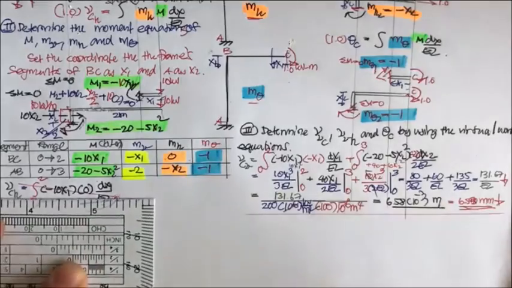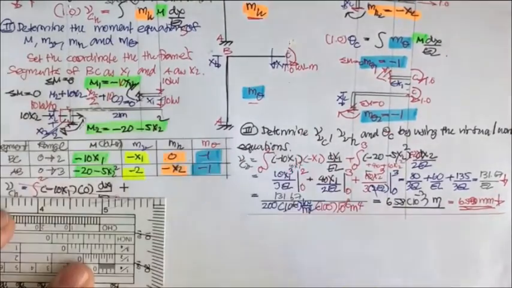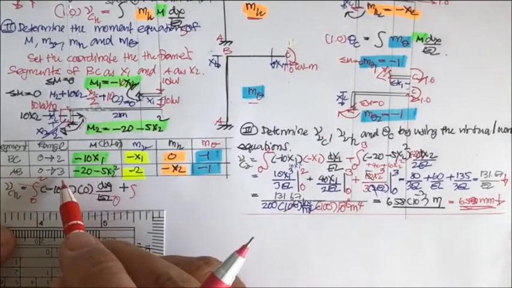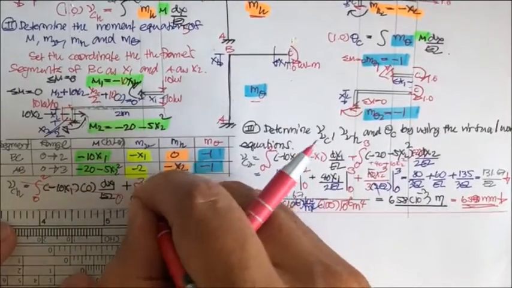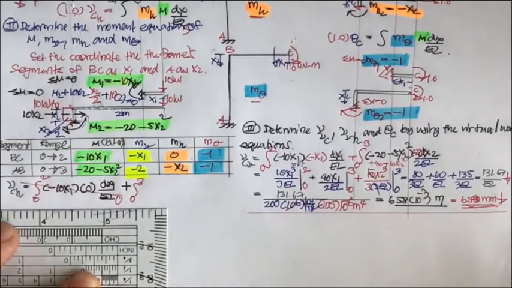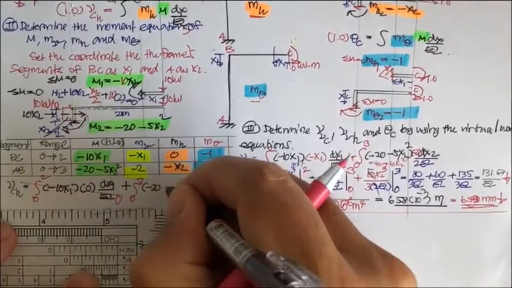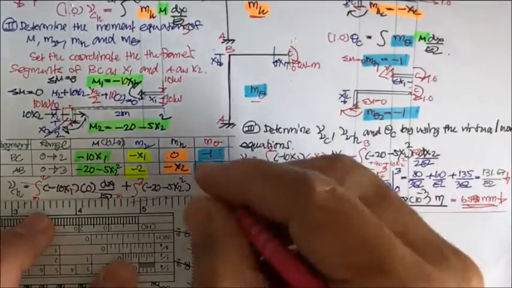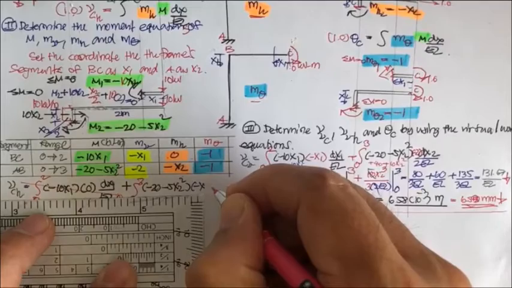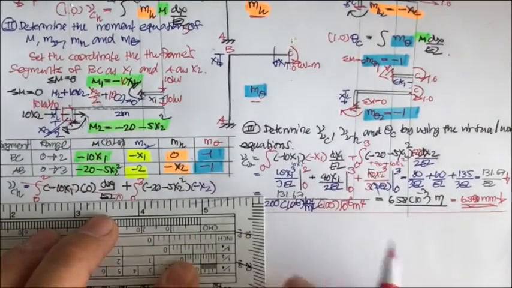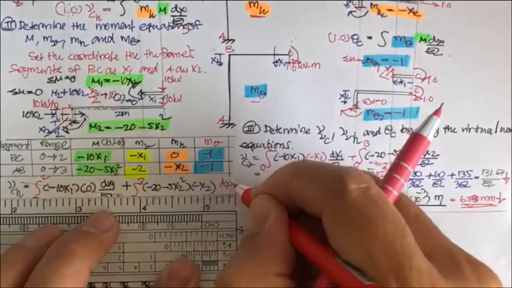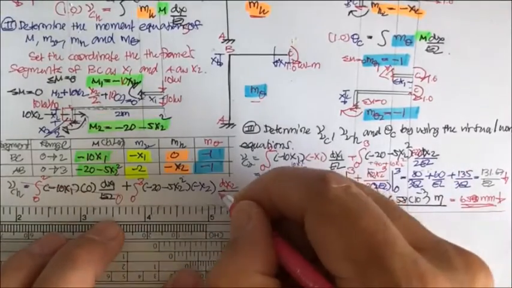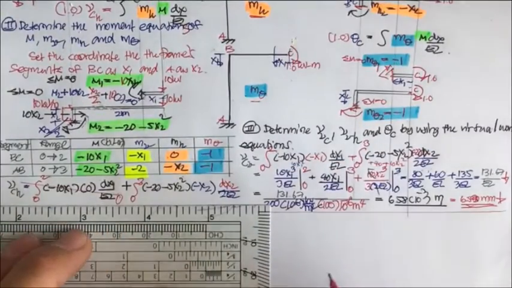Then you're going to add the integration from 0 to 3 of minus 20 minus 5x2 square, times minus x2, dx2, over 2EI.